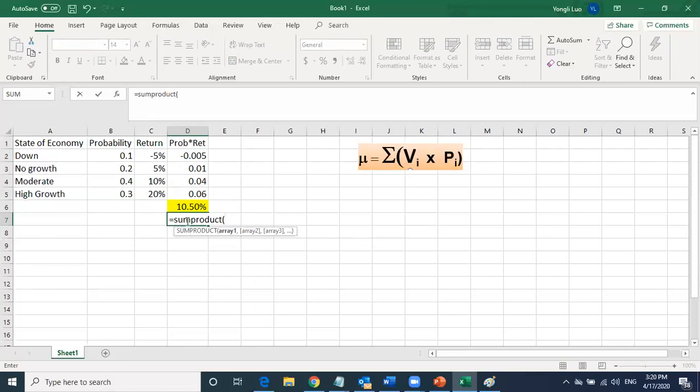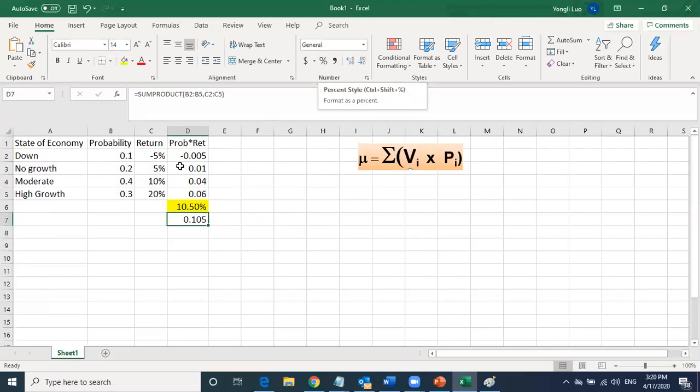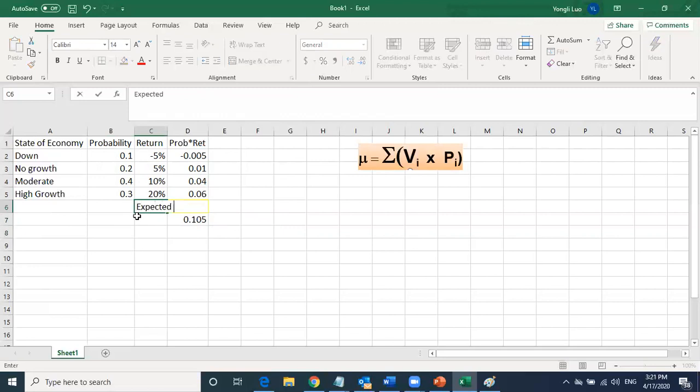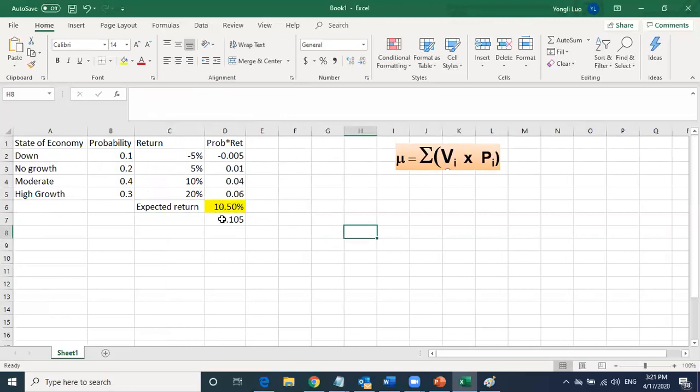In Excel you can use the SUMPRODUCT function: you select this probability, comma, and then select all those returns. That gives you the expected return, so it's going to be the same. Your expected return is 10.5%.